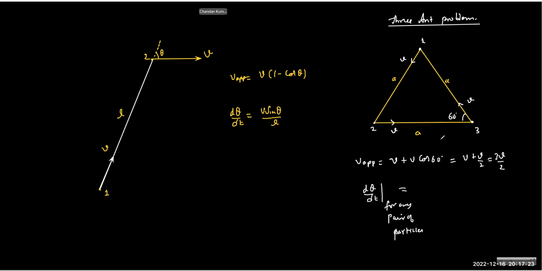So how the line 2, 3 will turn? Sir, √3 v/2a. Very good. You mean to say V sin 60 by a? Am I right? Excellent. Now the rate of turning of each line will be same or different?